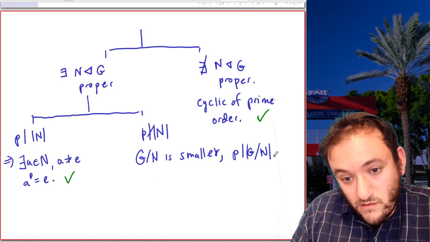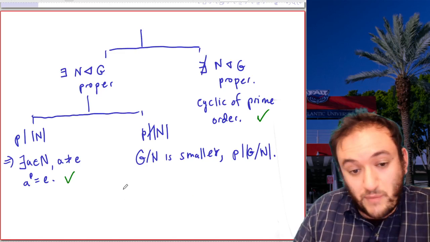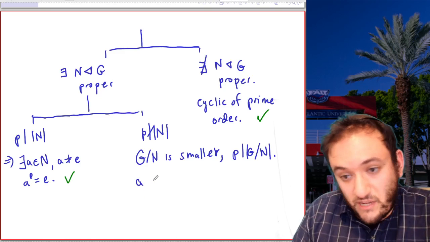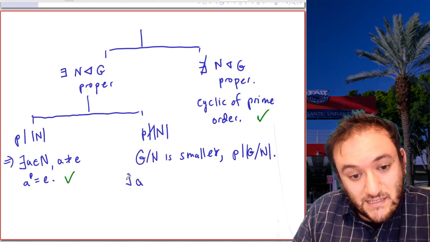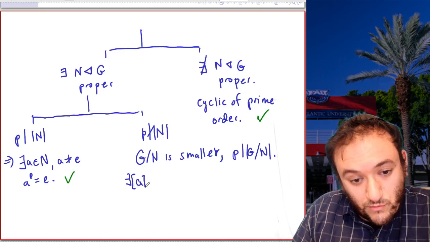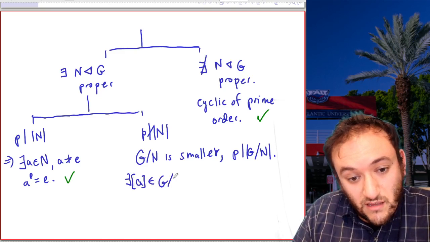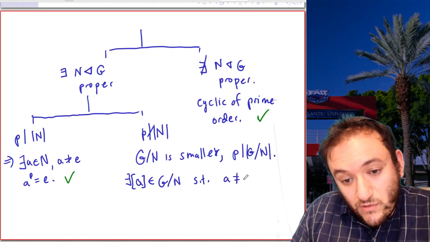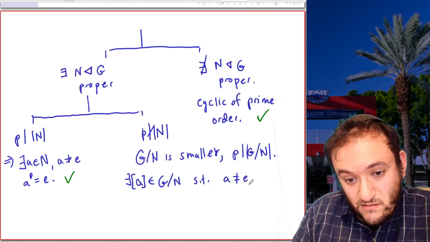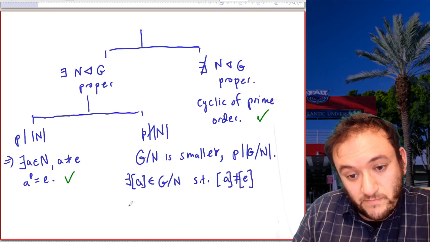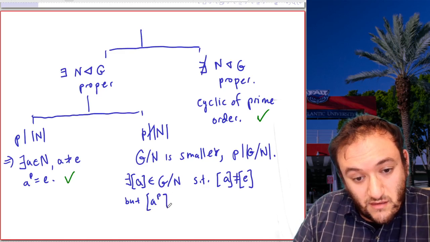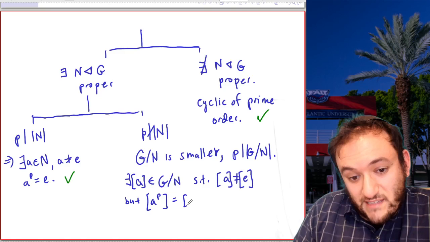Okay, so we've satisfied the hypothesis of the induction hypothesis, which means that there exists an A, which we'll write as an equivalence class in G mod N, such that A is not equal to the class of the identity, but A to the P is equal to the class of the identity.